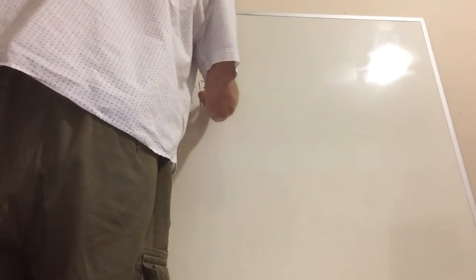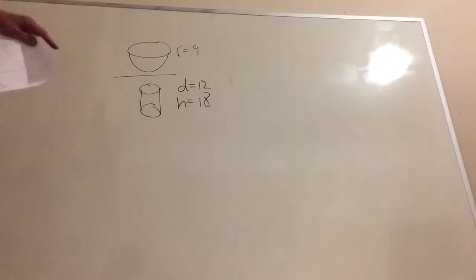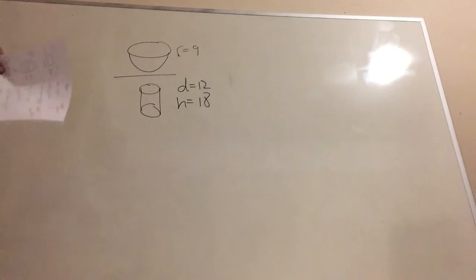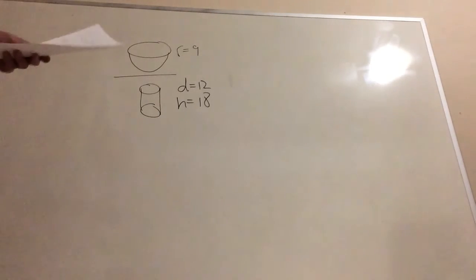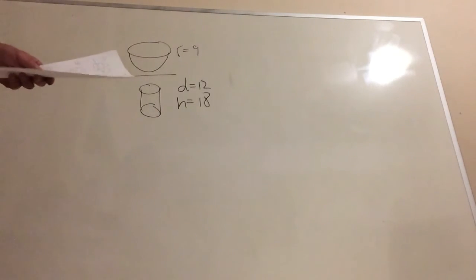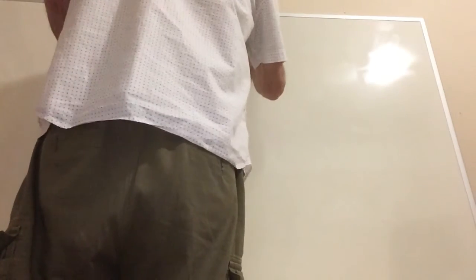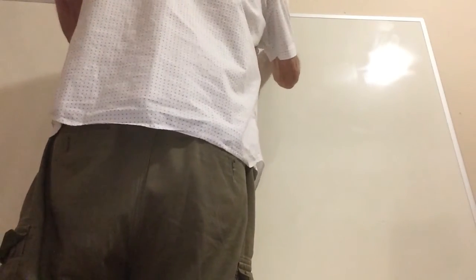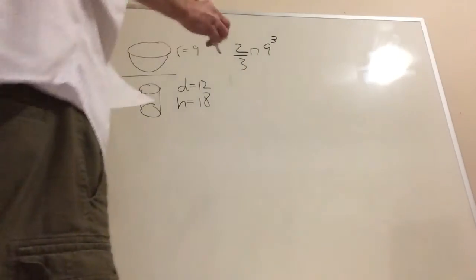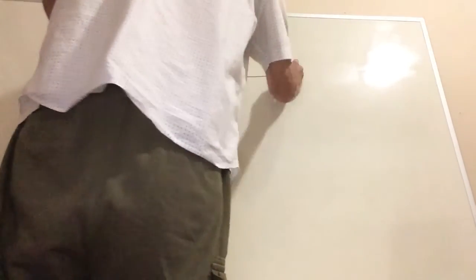So we need to find the ratio of the half sphere to the cylinder. And as we know, pi is going to cancel, so we'll be able to come up with a simple ratio. So we work over here, and we fill in the data. 2/3 pi 9 cubed. Ooh, that's going to be some big numbers there. We have to do a little razzle-dazzle work over here.